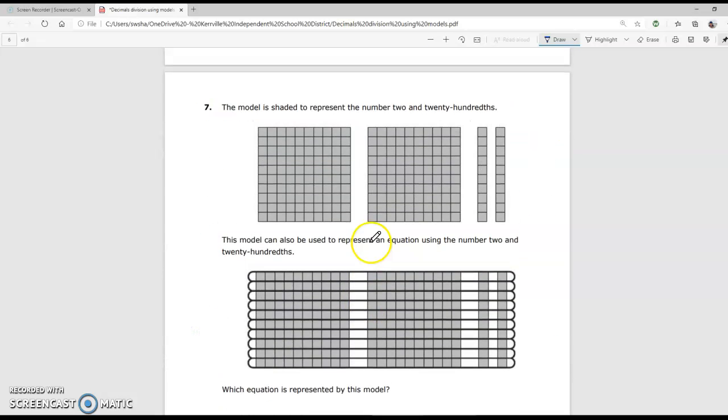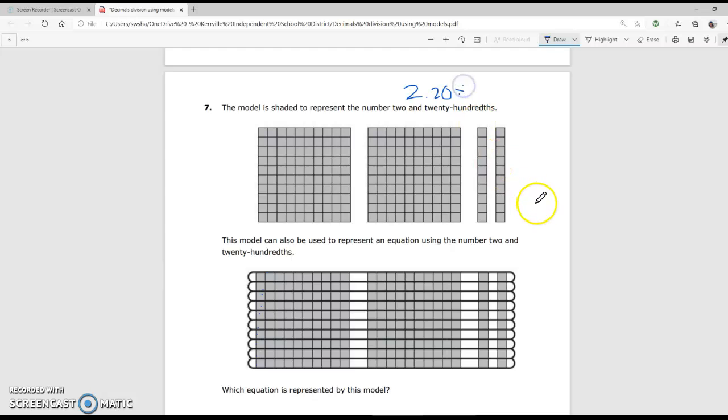Number 7. The model is shaded to represent 2 and 20 hundredths. That's the same problem again, so you need to write it down. 2 and 20 hundredths. And it's split into 1, 2, 3, 4, 5, 6, 7, 8, 9, 10.